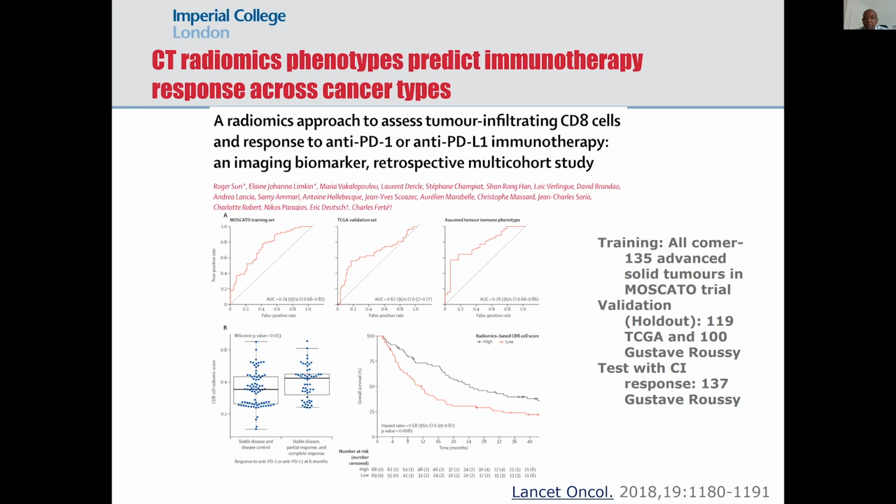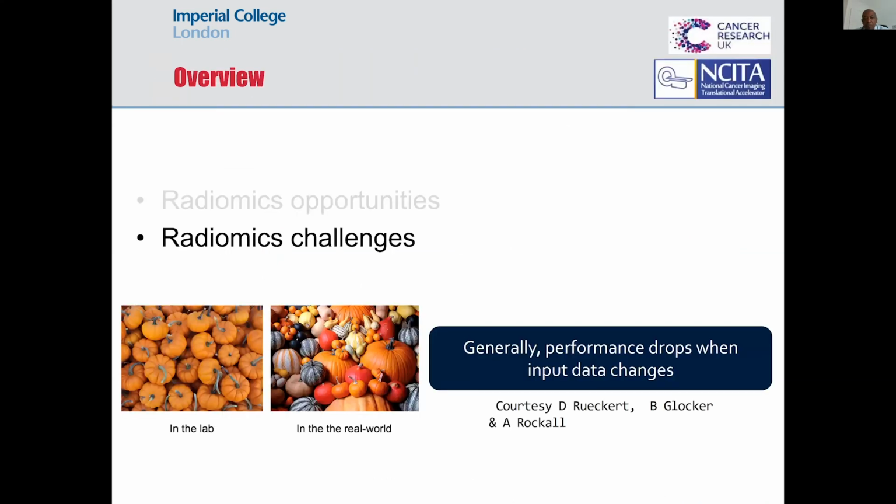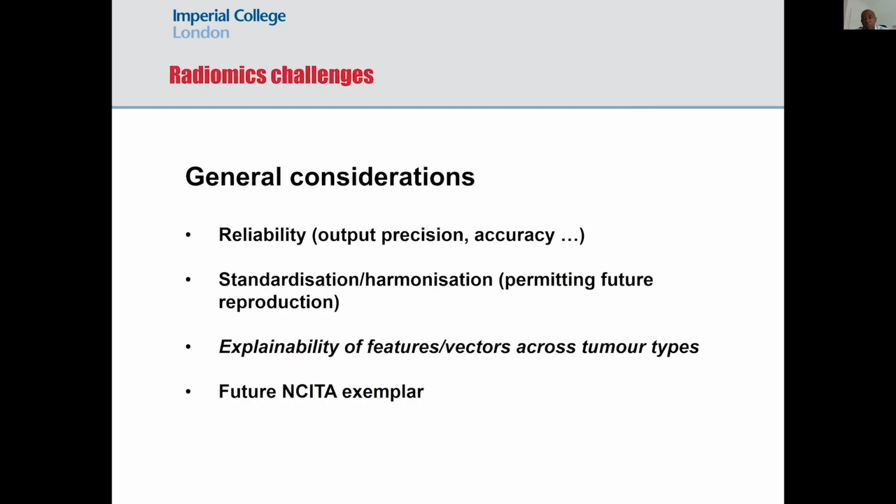future supervised approaches. But of course, as we move from the really strict criteria to the real world, the performance drops. And so it's important to appreciate the challenges and figure out what to do.